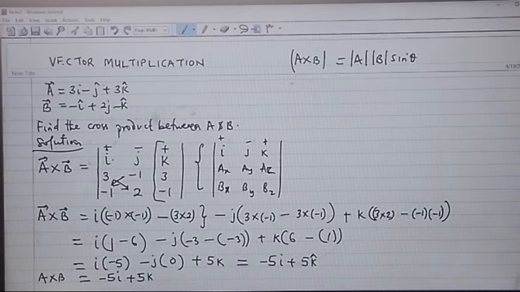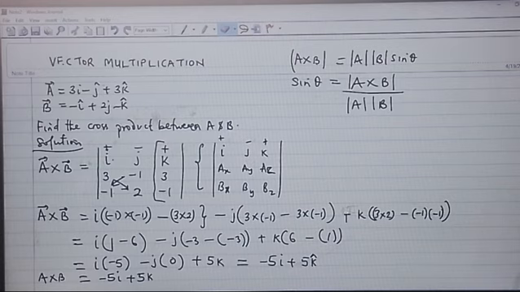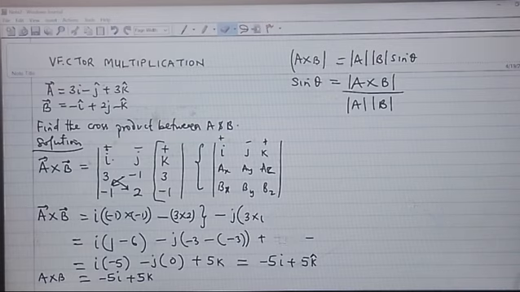So sine theta is equal to the magnitude of A cross B, all over the magnitude of A times the magnitude of B. So we have to go further to find the magnitude of both A and B, and also the magnitude of the cross product between A and B. So let's see how that one comes out.